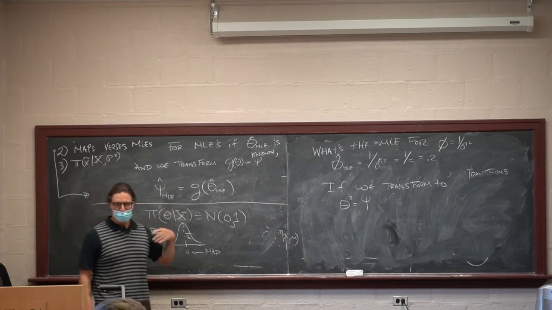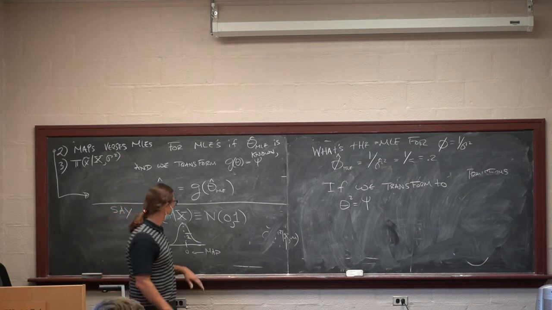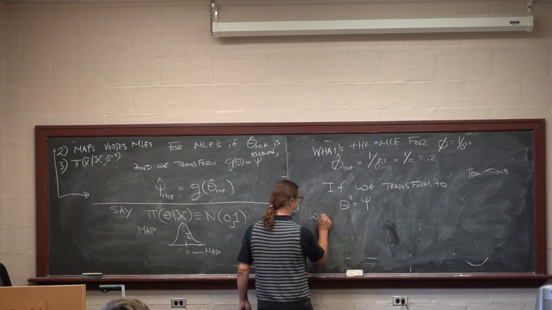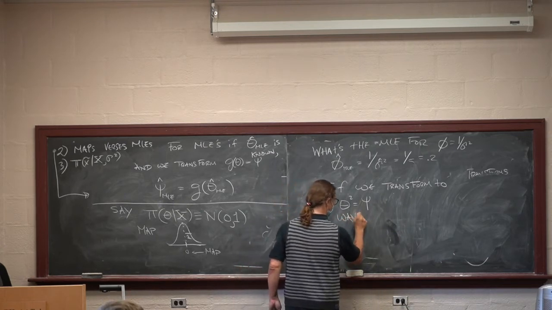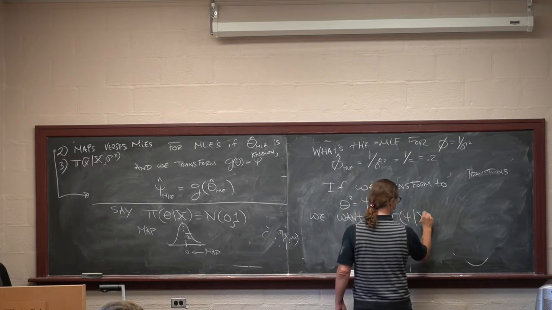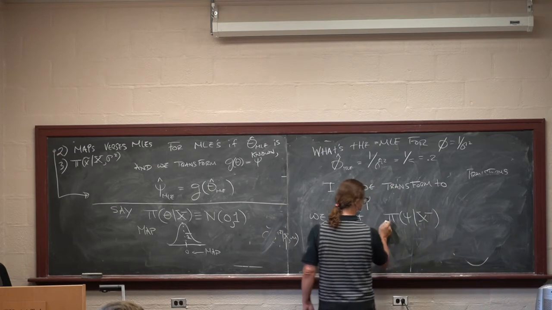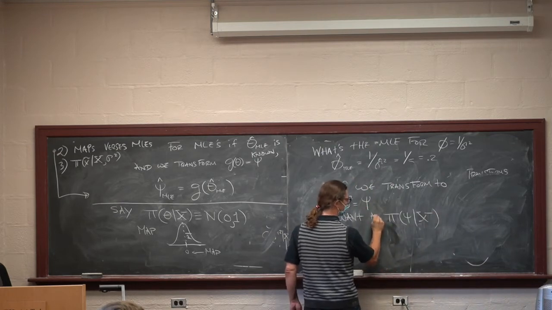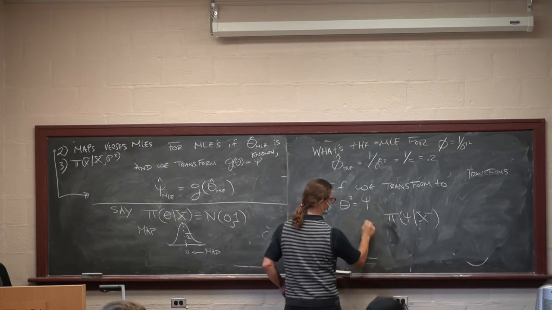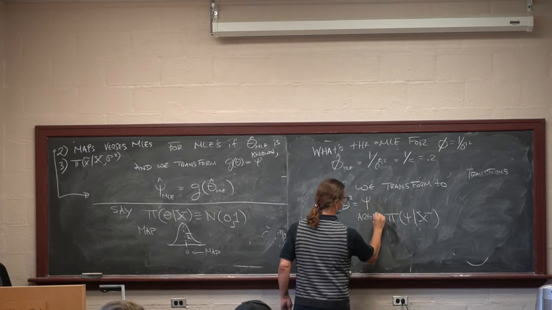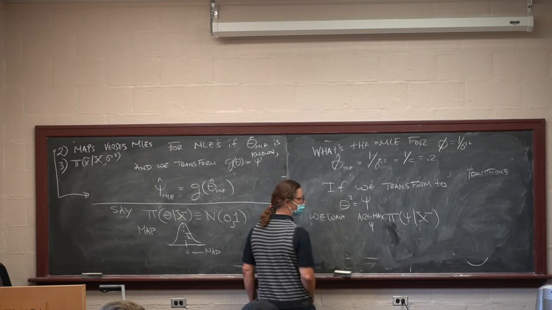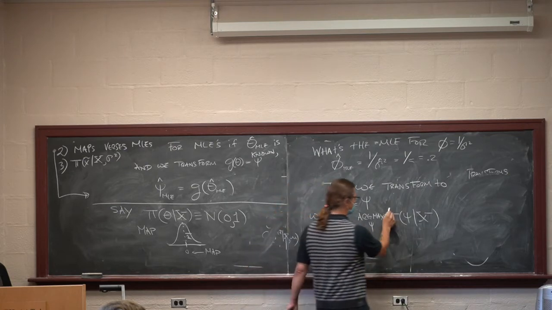It sounds like a little bit of a hassle. So we want to find pi of psi given x, and we want to find the arg maximizer over psi.